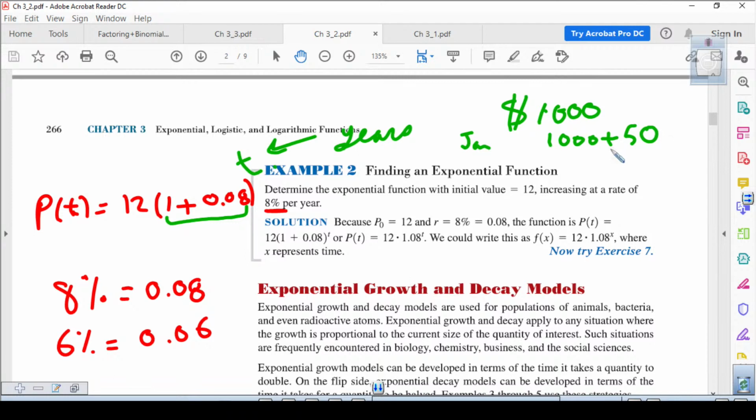So at the end of January, you're going to have $1,050. And then they're going to take the $1,050 and actually give you 5% on top of that. What does that mean? Well, I know 5% of 1,000 is 50. What's 5% of 50? What's 10% of 50? 10% of 50, exactly, 2.5.